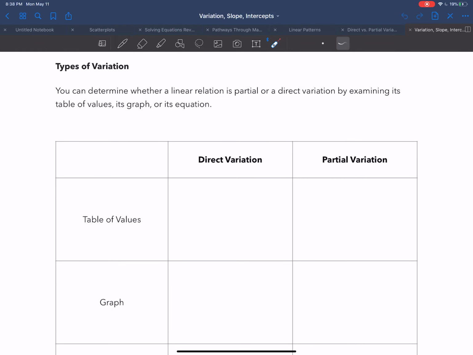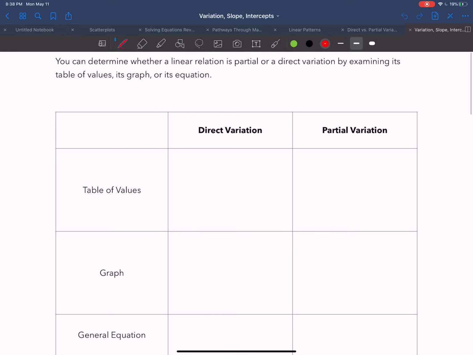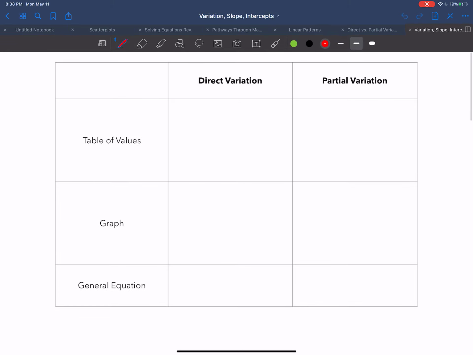Types of variation. We have direct and partial variation. They're two different things for linear equations, and there are 3 different forms of it. You'll see a table of values, a graph, and a general equation.